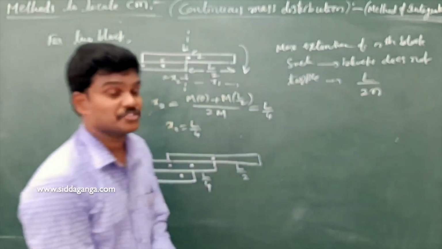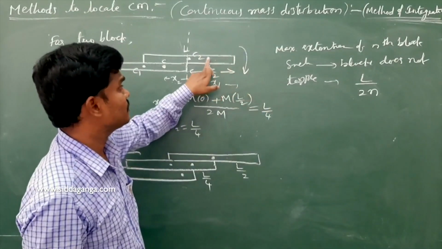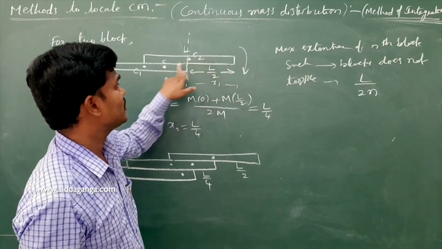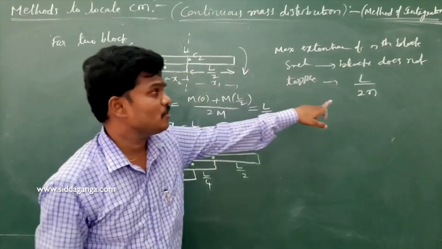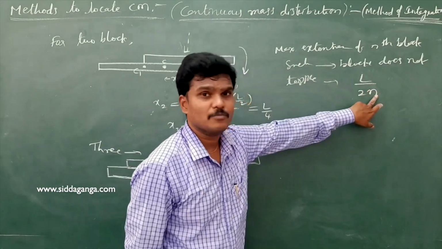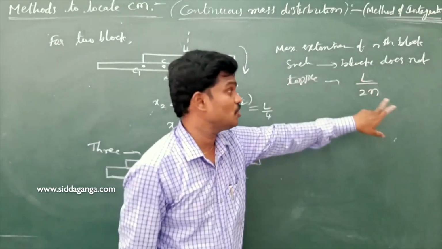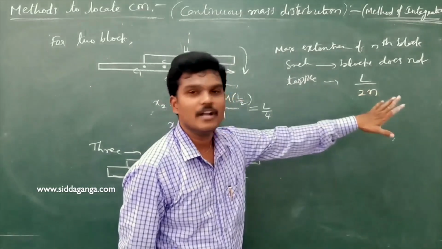For 1 block, if you want to keep it so it does not fall off the other block, you keep it at a distance of L by 2. For 2 blocks, L by 4. For 3 blocks, just substitute the n value, L by 6.